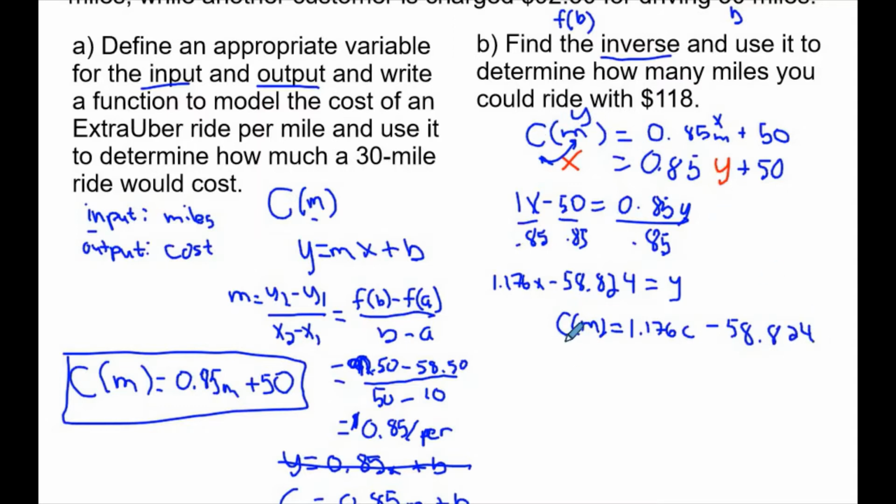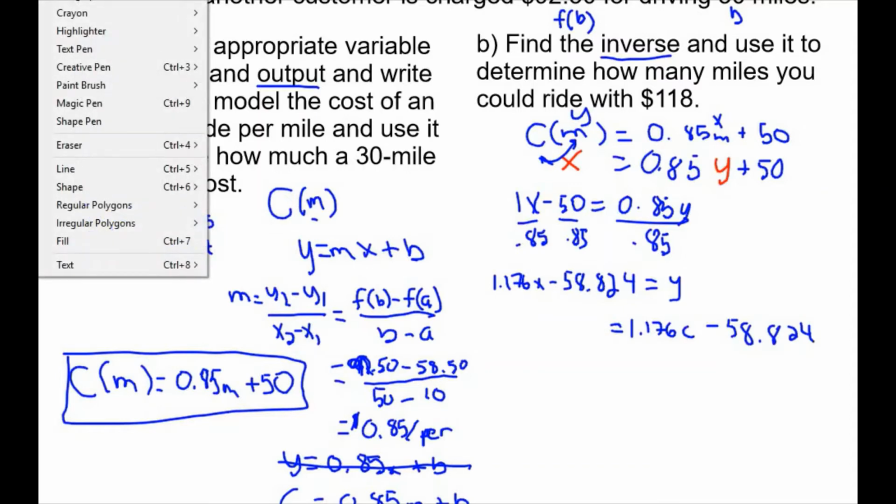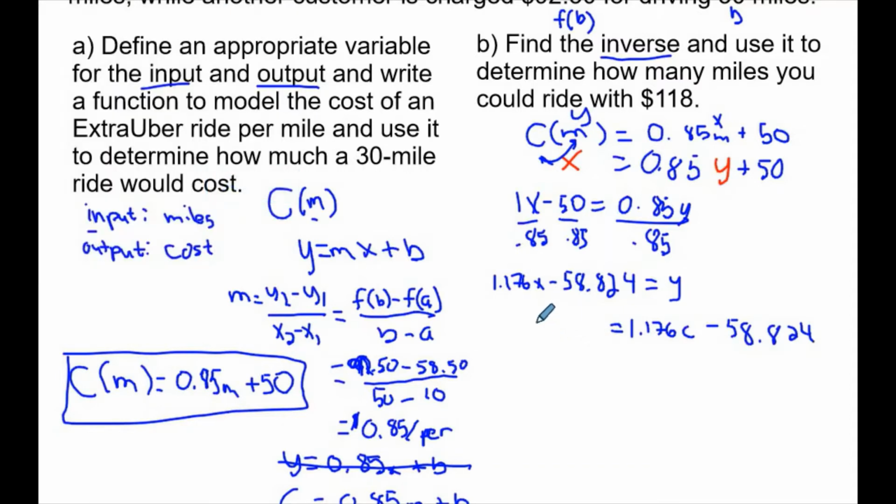The c of m became, oops, I said it and didn't write it down. Give me 1 second here. That would become m of c. Sorry about that little typo there. So m of c would switch, as I said. So m of c meaning miles per cost instead of cost per mile, and then the m changes to a c. So now we can easily do the problem, find the inverse, and use it to find the miles you could ride with $118.